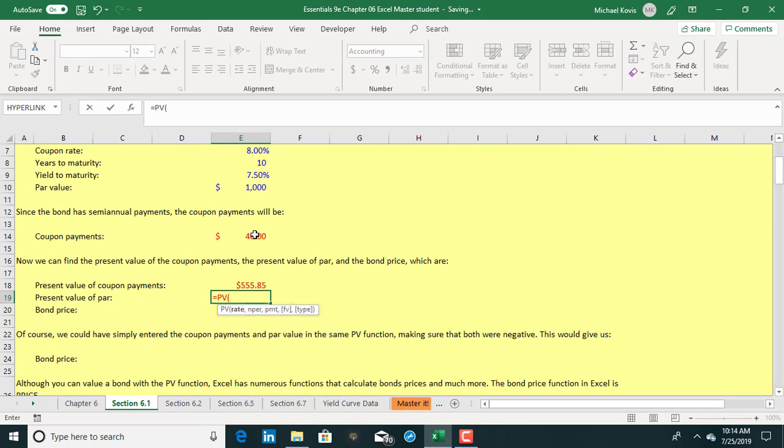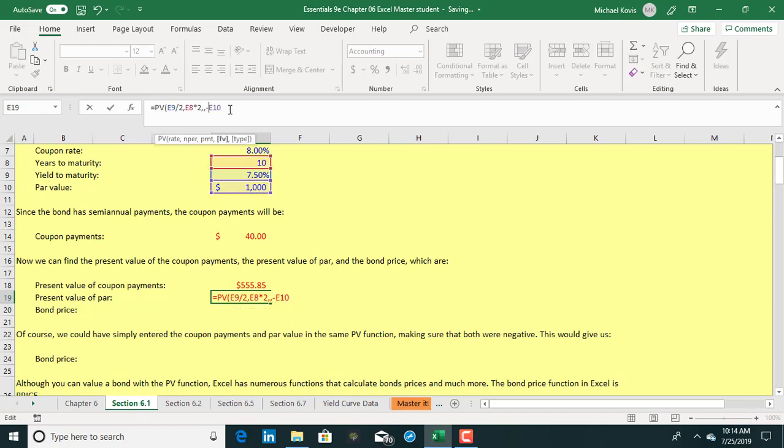Now we need the present value of the par, because that's what we're going to get when it's all said and done. And again, we'll take our yield to maturity divided by 2. We're going to use number of years times 2. And then there's no PMT. The future value is 1,000.